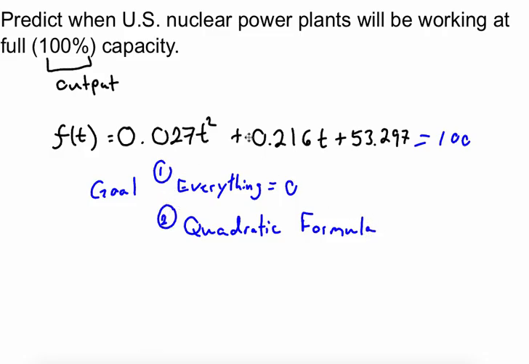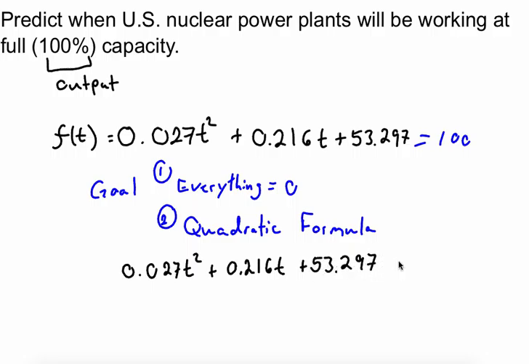All right, so I need to just subtract the 100 from both sides, so I get 0.027 t squared plus 0.216 t plus 53.297, subtract 100, that equals 0.